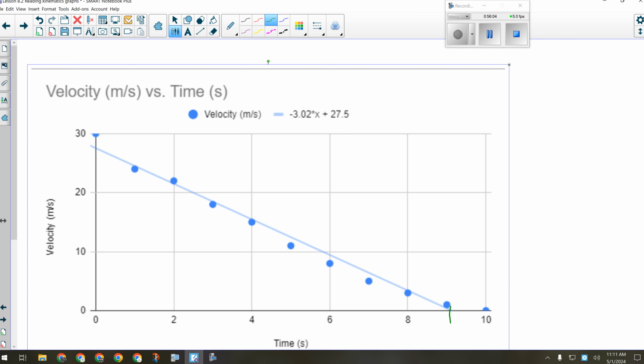Then every velocity of this object on this graph is positive. That means this object is moving forwards for the entire duration of this graph. After 9 seconds, it won't be. If it continues to do this, it'll go down into the negatives. But on this graph, the object is always moving forwards.